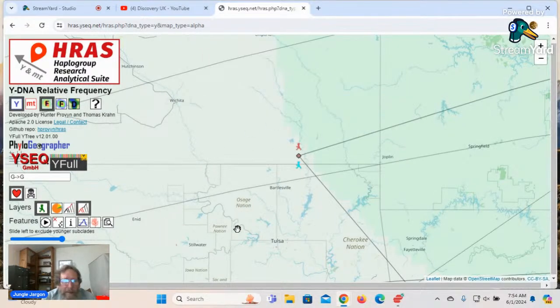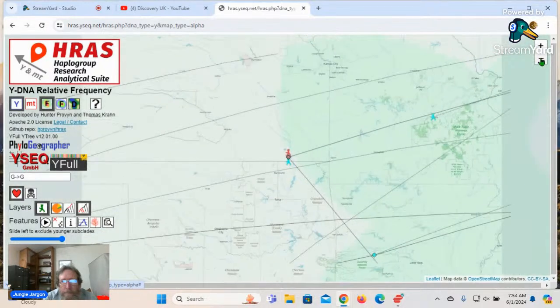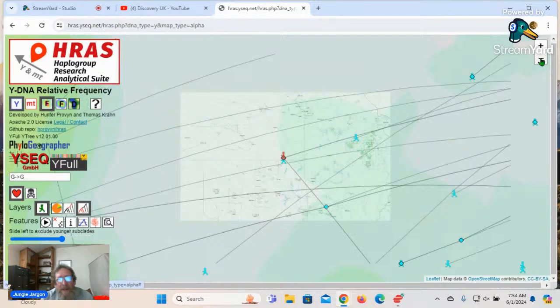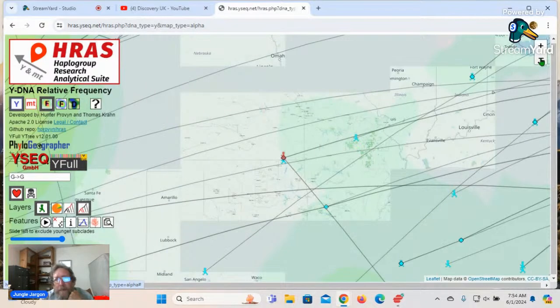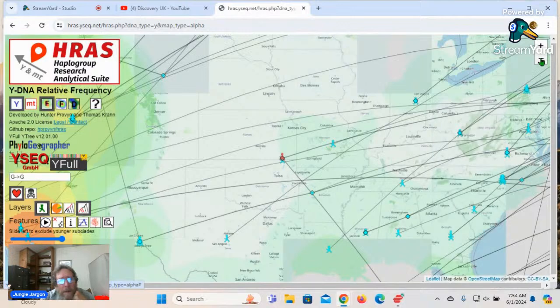Okay, so now we have the samples. This is all of G basically, so we'll go ahead and back out here and see how many there are. It's not a whole lot. Well, it's quite a bit when you consider all of them.